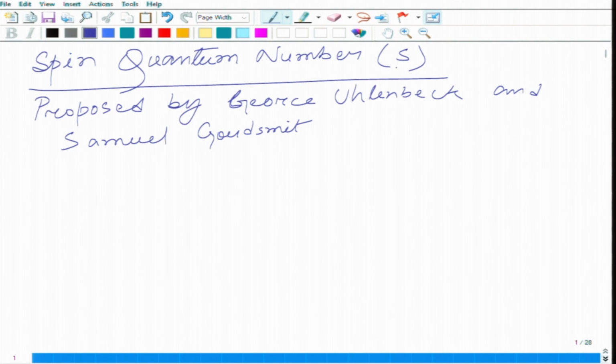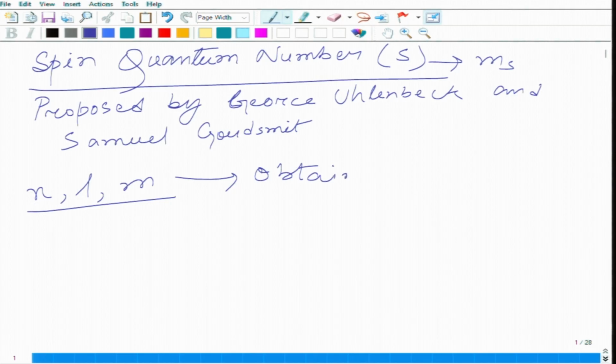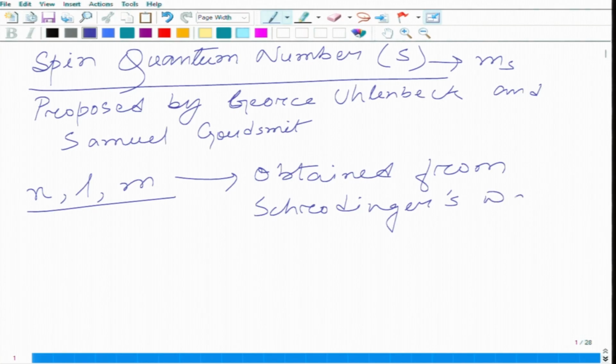This is denoted by S, and it can also be denoted as MS. N, L and M, these three were obtained from Schrödinger's wave equation. But S is not obtained from the Schrödinger wave equation.